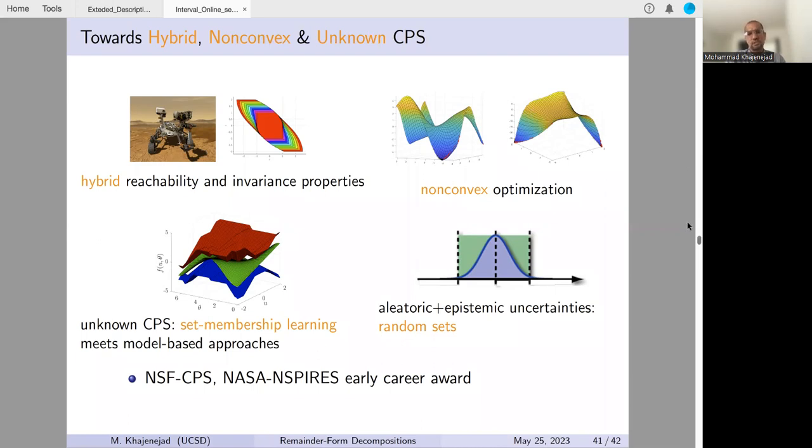Moreover, I have mainly dealt with set-valued uncertainty models in these settings. And as you know, there has been a huge literature on dealing with stochastic estimation when stochastic uncertainty models are considered. So I was wondering, what if we have both types of uncertainties in these settings, and can we take advantage of both of them?